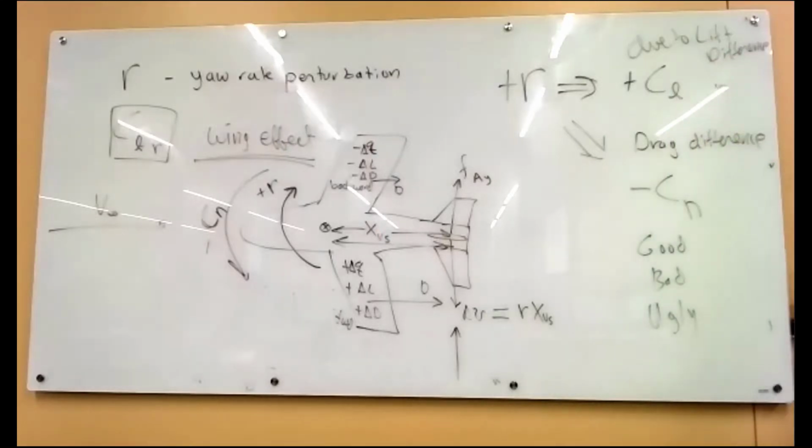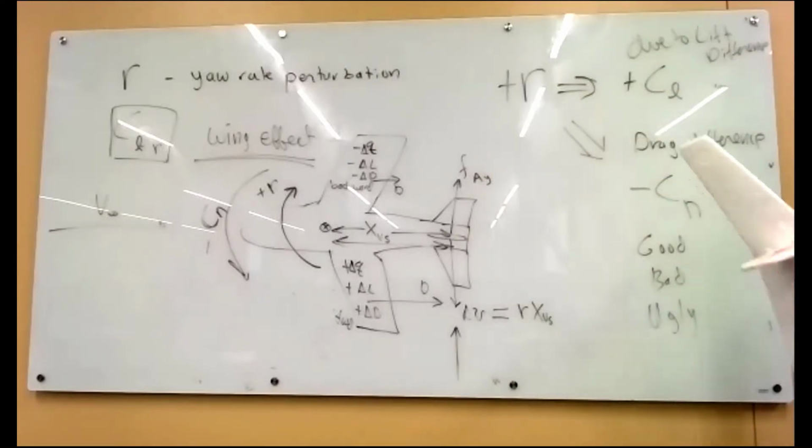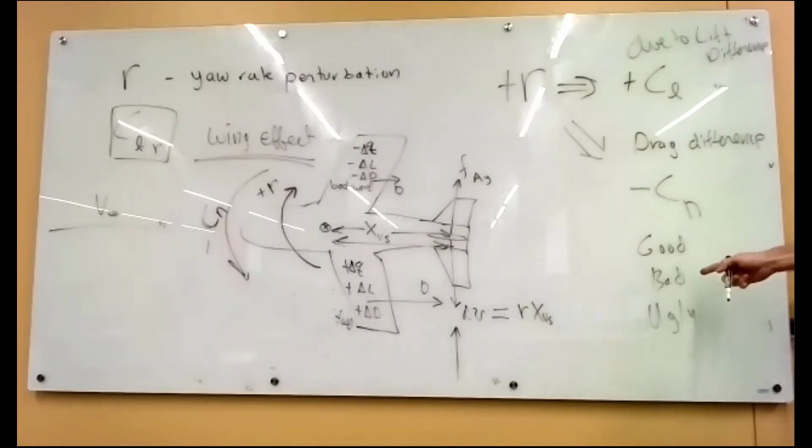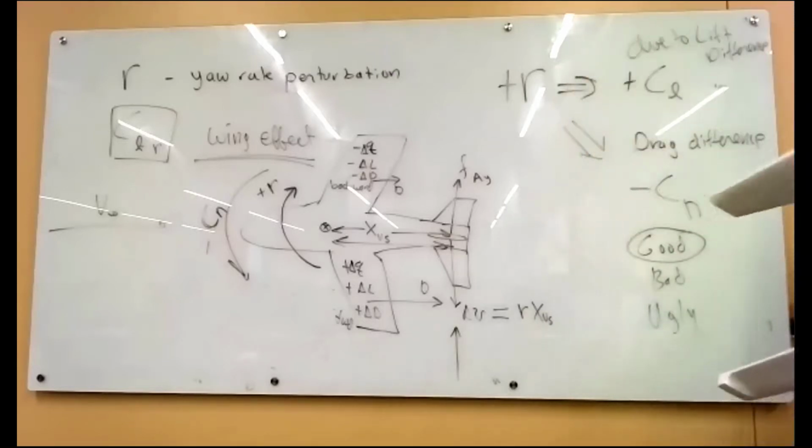What do you think? Airplane's yawing like this. We get a yawing moment in the opposite direction. That sounds good, doesn't it? Because it's going to oppose the yaw rate and damp it out, slow it down. So this is good. And we get that both from a vertical tail being above the CG, as well as the wing.